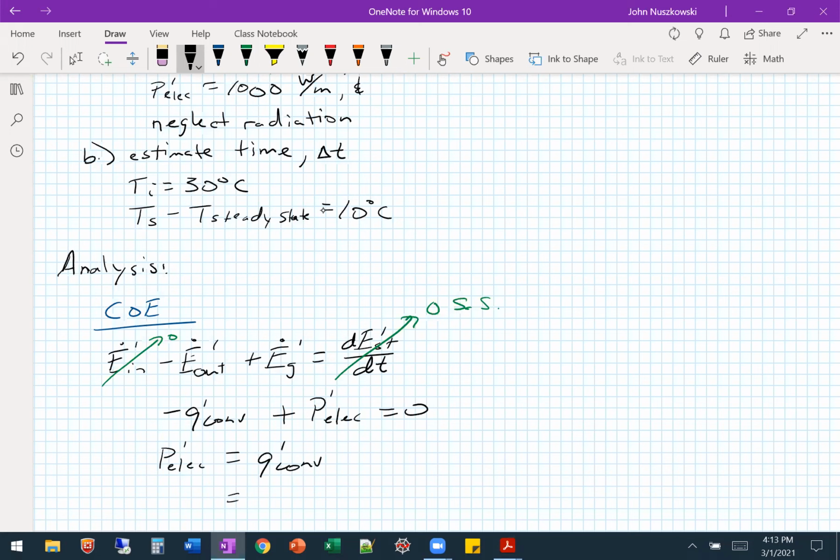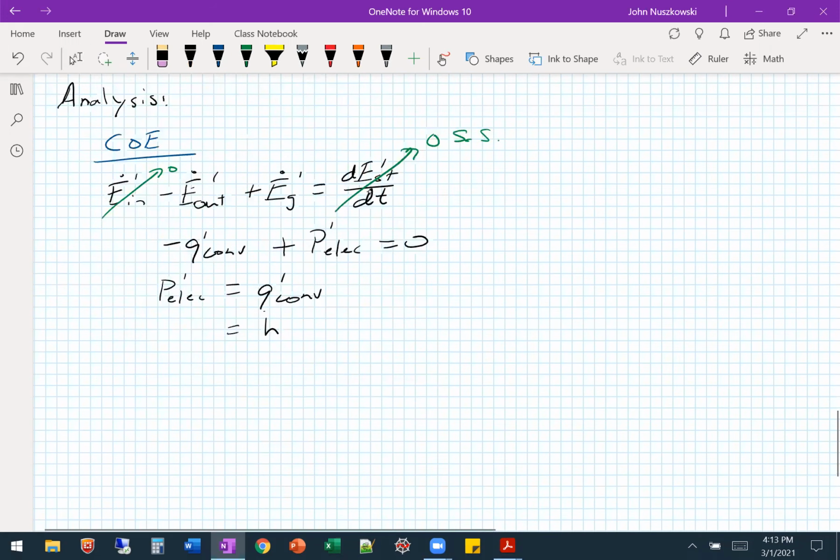For convection, we have Newton's law of cooling. It's over the whole cylinder, so it's h bar.